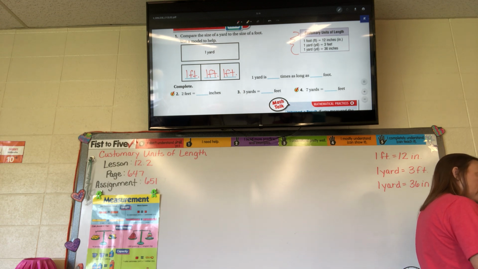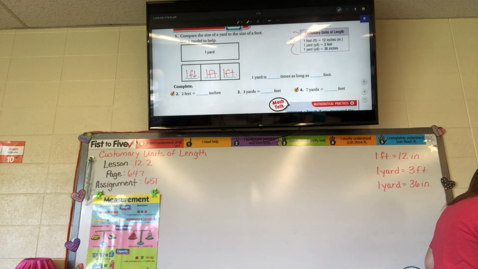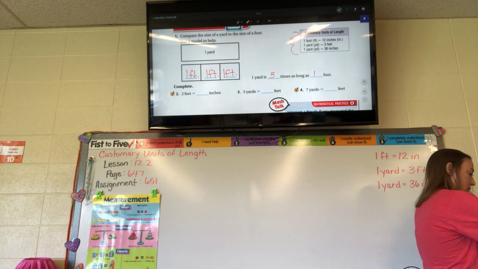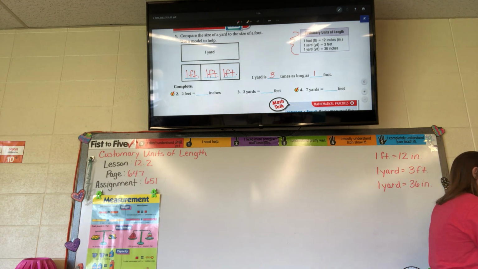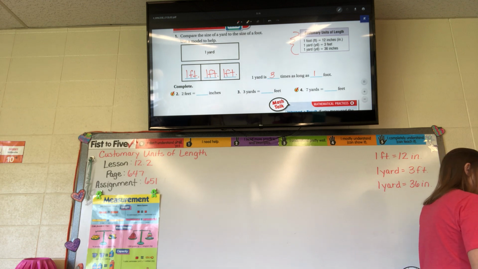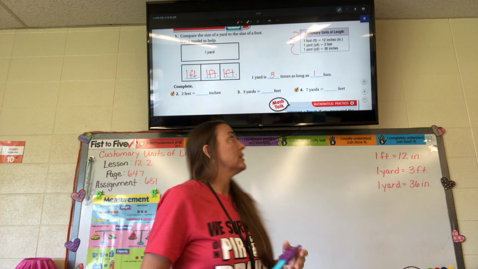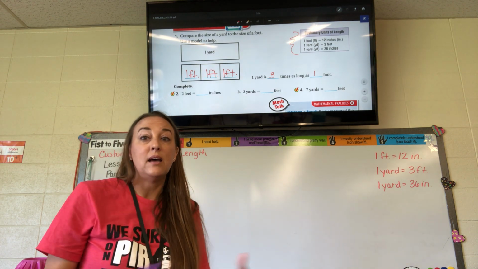So 1 foot equals 12 inches, 1 yard equals 3 feet, and 1 yard also equals 36 inches. 1 yard is 3 times as long as 1 foot. And so now, here's where it gets fun, okay? I am going to show you how to convert feet into inches, setting up comparisons, and you can do it like this every time.